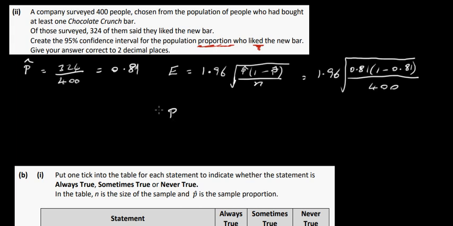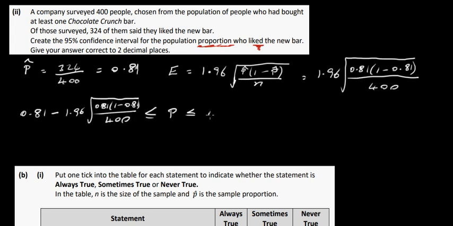So this is P here. So that's going to be greater than or equal to, less than or equal to our p hat, our sample proportion, which is 0.81 minus this margin of error here, minus 1.96 times the square root of 0.81, 1 minus 0.81 divided by 400.